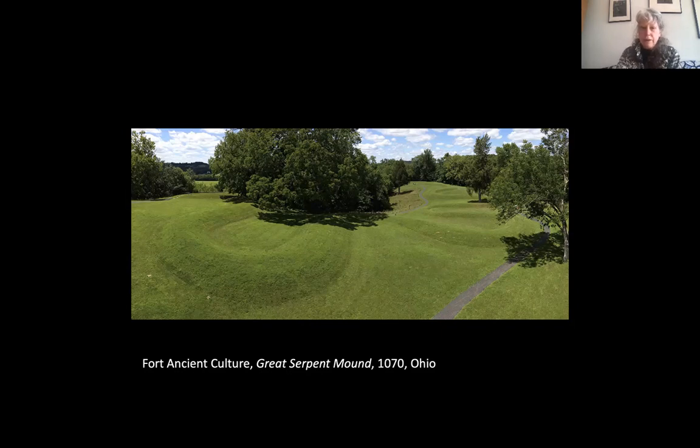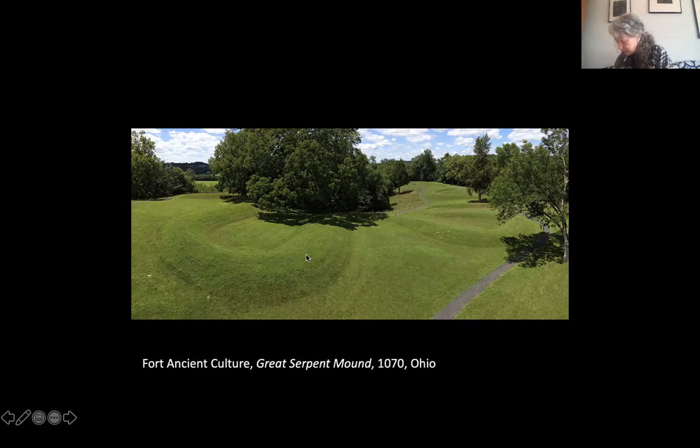The Fort Ancient culture was a subset of the Mississippian culture in Ohio. And they built this gigantic, well, it's very long, but only about 3 feet tall, serpentine mound.